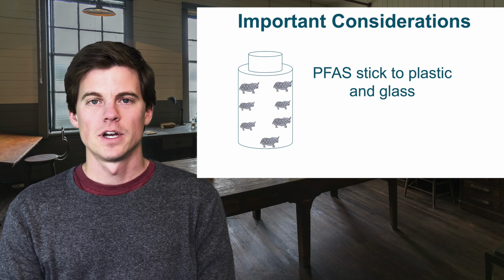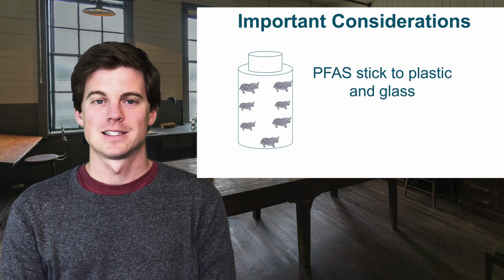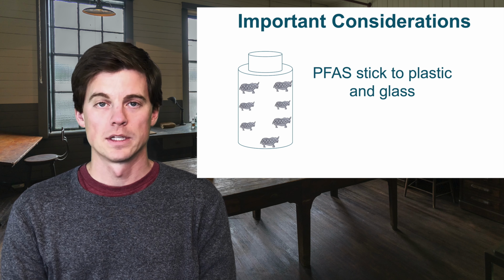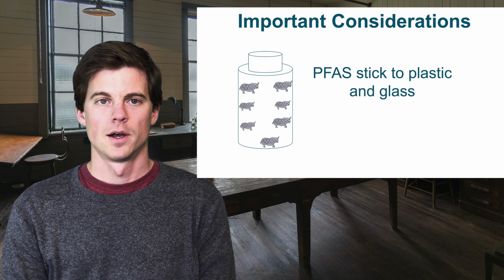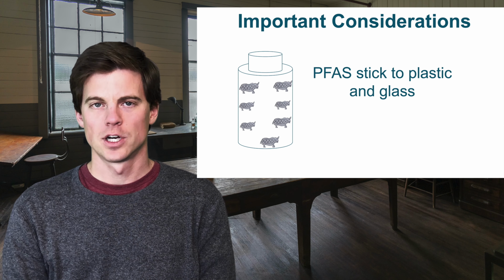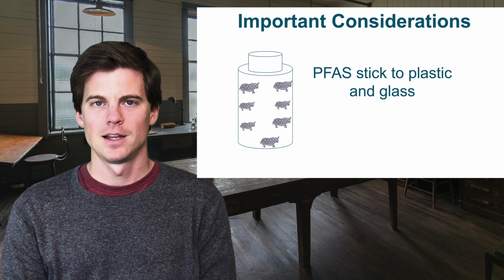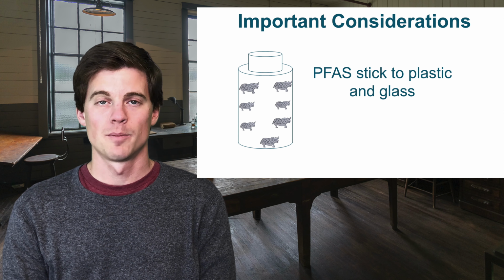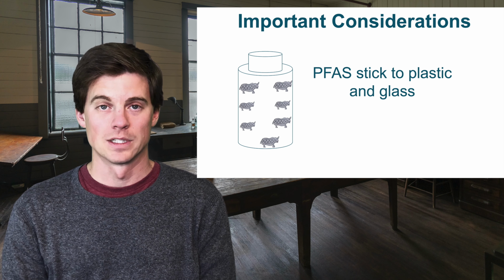So important considerations, I mentioned this a minute ago, but PFAS stick to plastic and glass. That's why we rinse the container with that methanol. This is important to know in any transfer step, whether it's pipetting or transferring to graduated cylinders. Know that they've stuck to that plastic and glass and you need methanol to rinse them off.